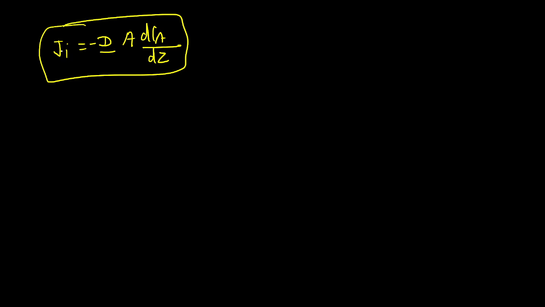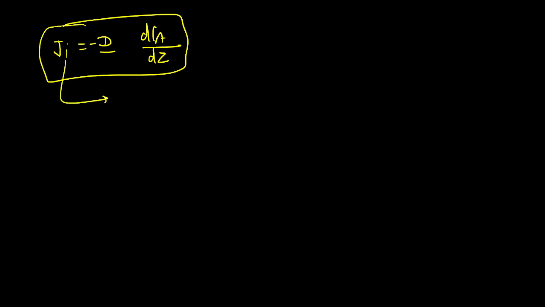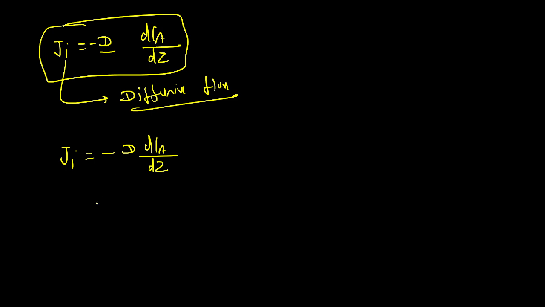And if you want the rate, the rate is equal to Ji upon area. Here we are writing flux, so it is very important to understand this is diffusive flux, that is per unit area, right? So here I have written Ji is equal to minus D dCA upon dz, where D is the diffusion coefficient.